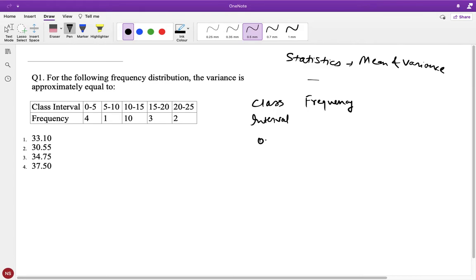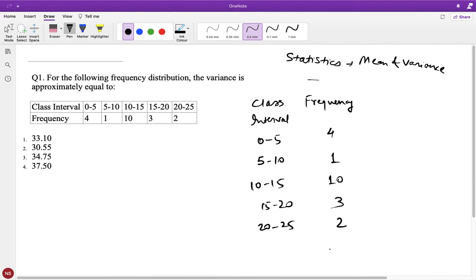For 0 to 5 frequency is 4, 5 to 10 is 1, 10 to 15 is 10, and 15 to 20 is 3, 20 to 25 is 2.